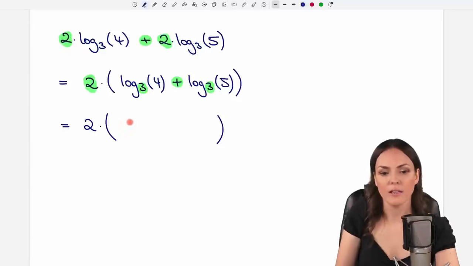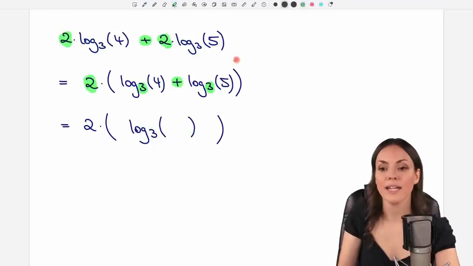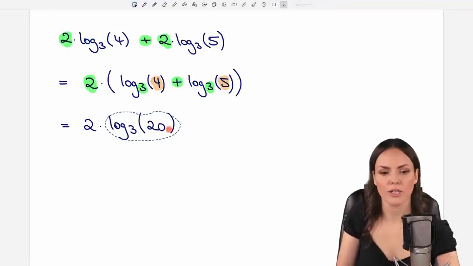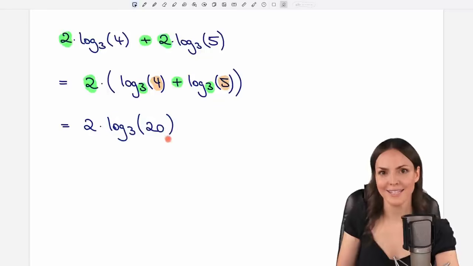We just take log base 3, and inside our logarithm, we now have to multiply these 2 numbers. So we take the 4 and multiply it by the 5. And 4 times 5 just equals 20. So we have the 20 here in our logarithm. We don't need these parentheses here then, so our expression looks like this.